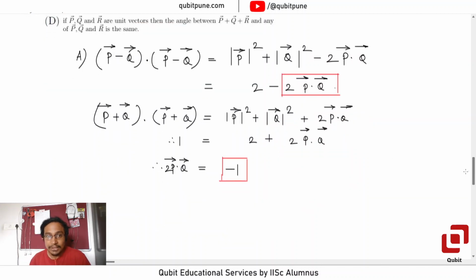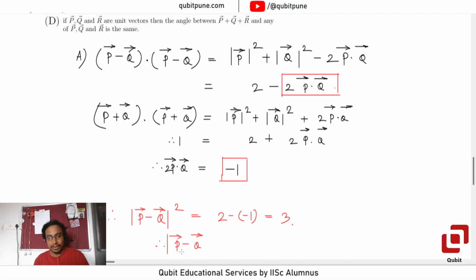So I can say magnitude of p bar minus q bar squared will be 2 minus negative 1, 2 plus 1 is 3. Therefore, magnitude of p bar minus q bar will be root 3.